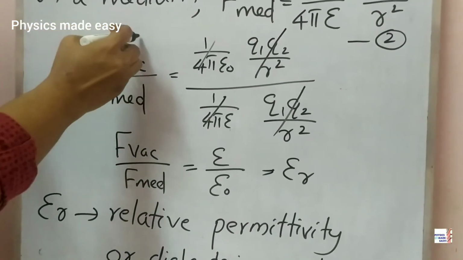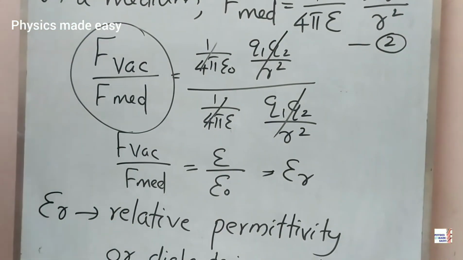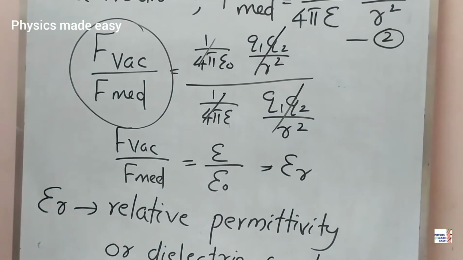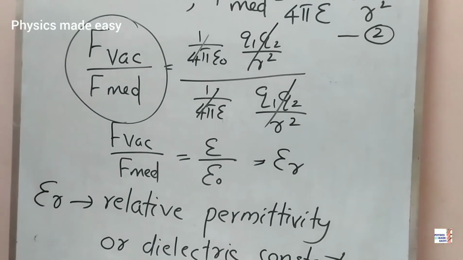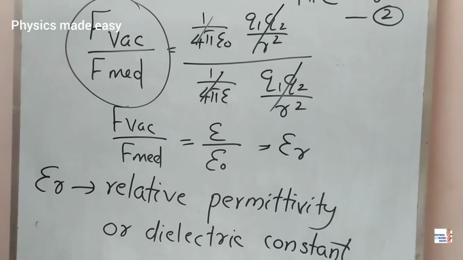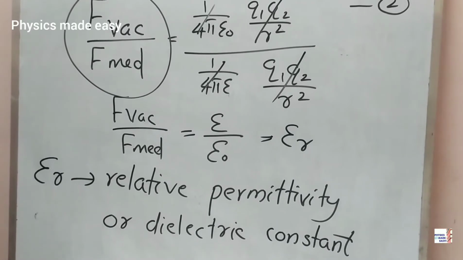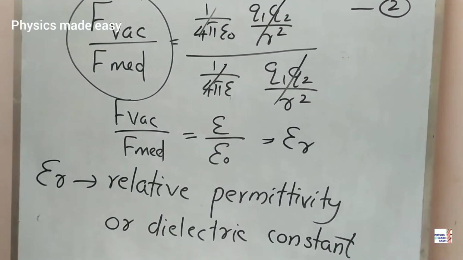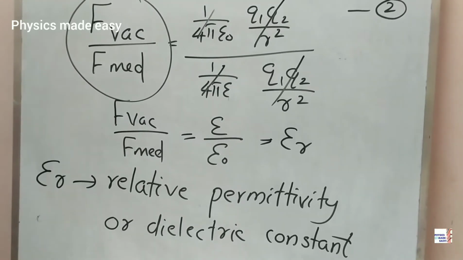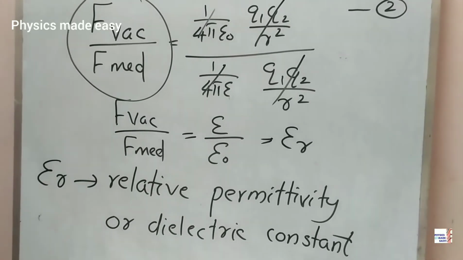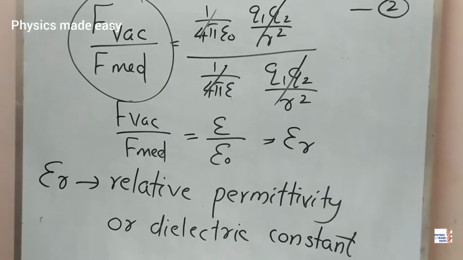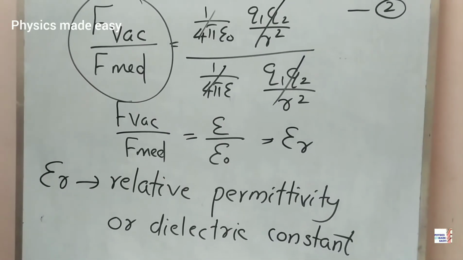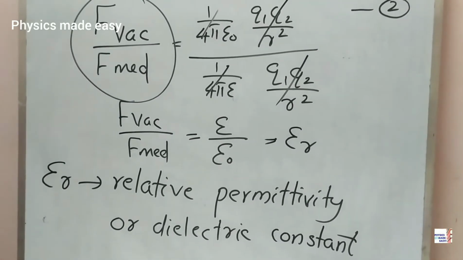Here you can see that is F vacuum divided by F medium. That is the ratio of the force between two charges placed at some distance in free space to the force between the same two charges, also placed at the same distance but situated in a given medium. That ratio is also known as relative permittivity.